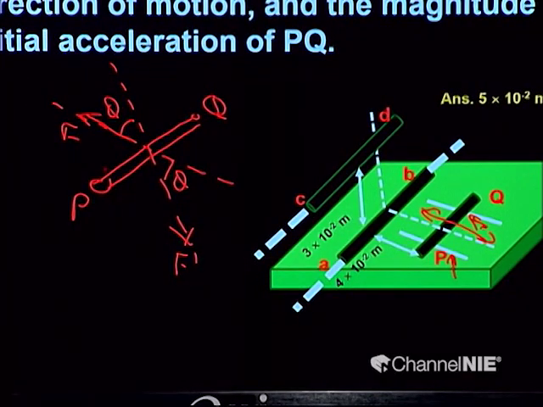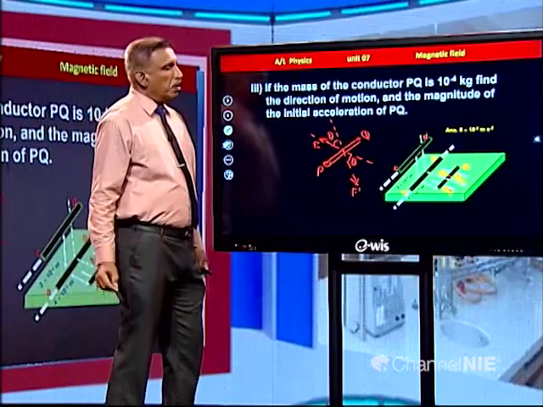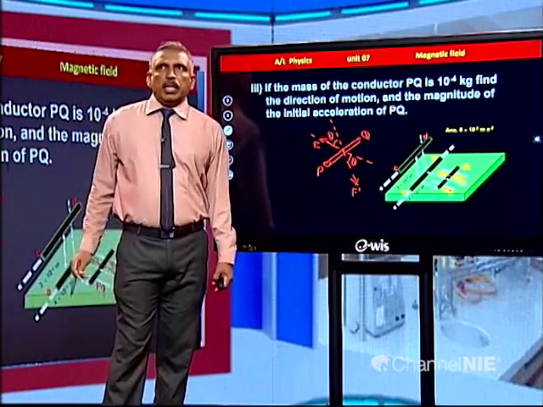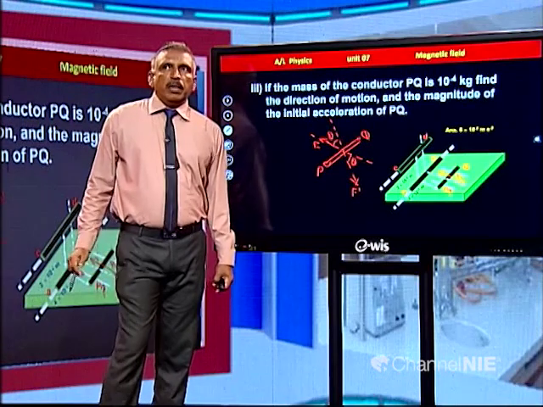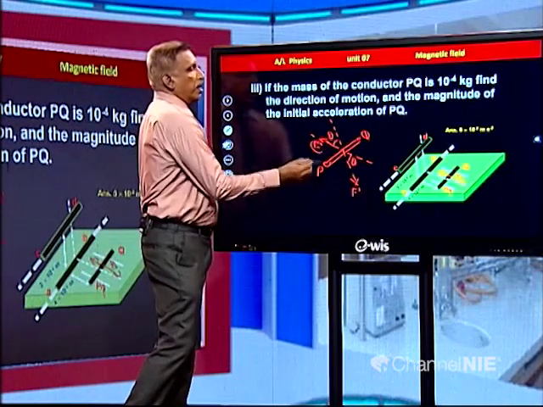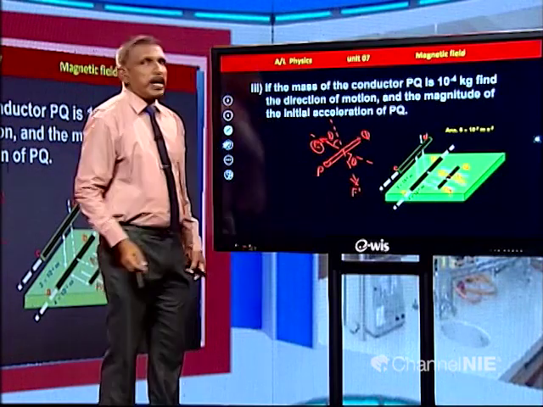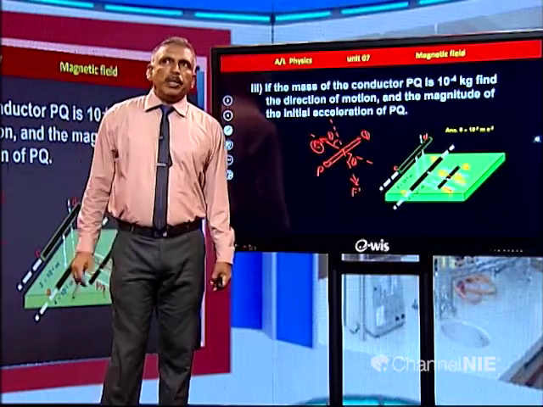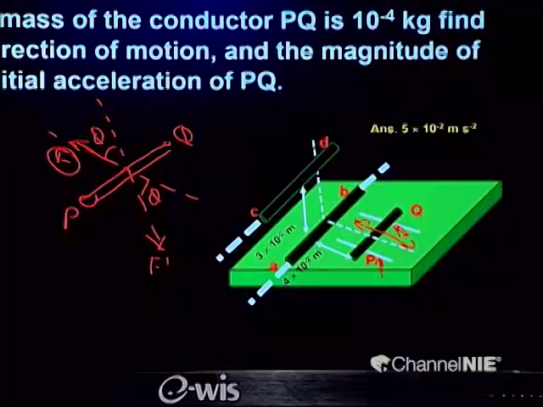So, we find this F is equal to 2.5 into 10 to the power minus 5 Newton, and F dash is also 2.5 into 10 to the power minus 5 Newton. Therefore, this one is bigger than this one, because only the horizontal component of F dash acts on PQ.